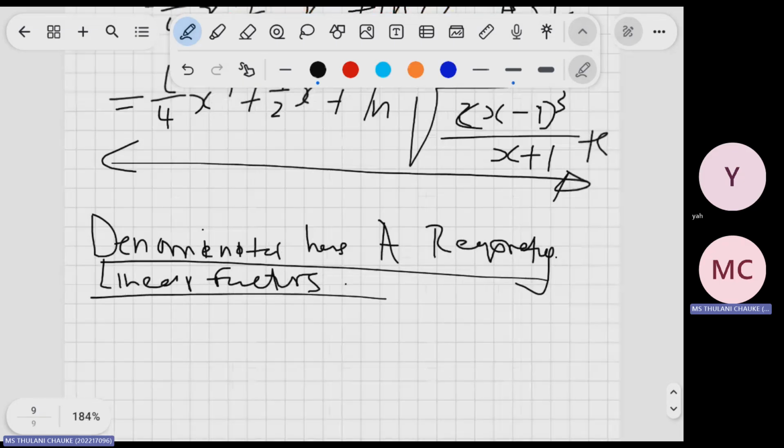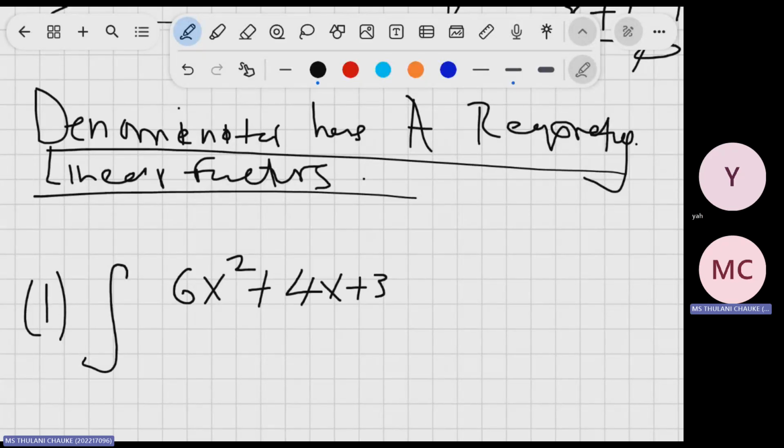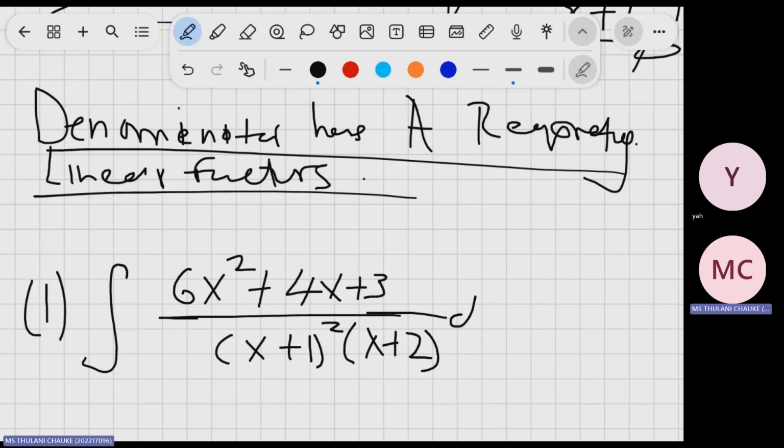But okay, you can just go and check it out. Now we have our denominator having a repeating linear factor. So let me give you guys 2 questions. Let me change it. I know you guys will copy. I'll only change the constants actually.